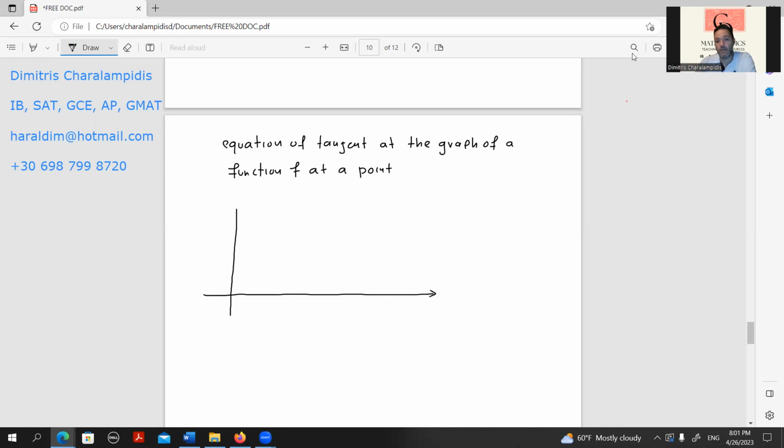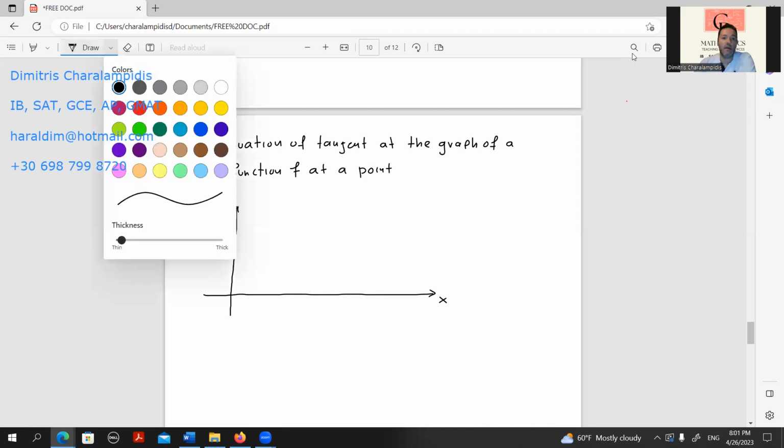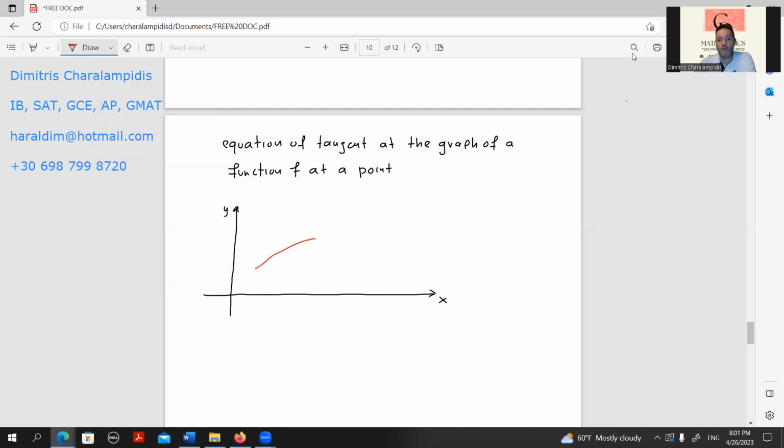Let this be a set of axes. Here we have the x-axis and the y-axis and a random graph of a function. This could be graph of f.